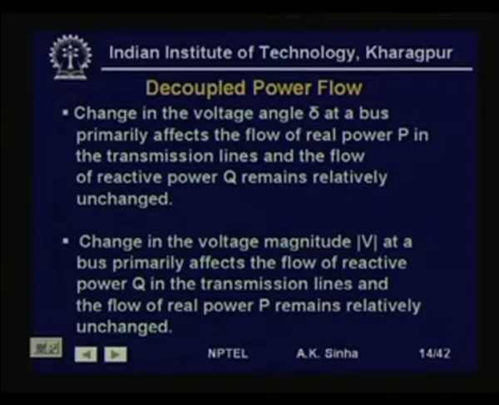We know that a change in voltage angle delta at a bus primarily affects the real power P in the transmission lines. That is, delta primarily affects the real power flow in the transmission lines, whereas the reactive power flows remain more or less unchanged.